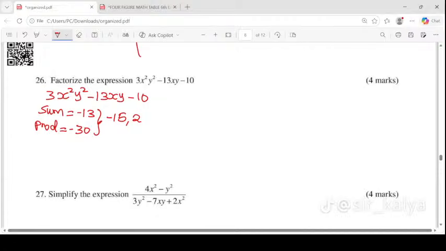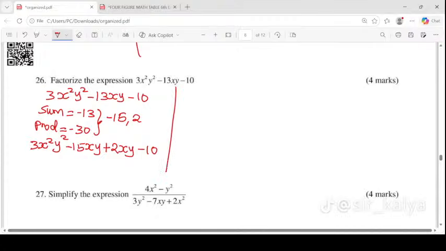So this can be written as 3x squared y squared minus 15xy plus 2xy minus 10.